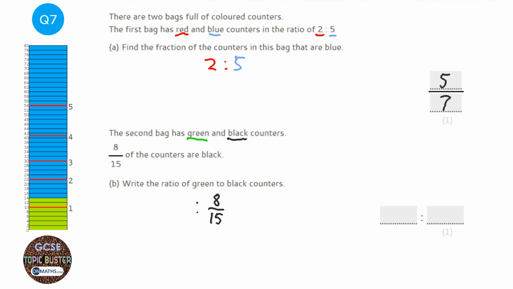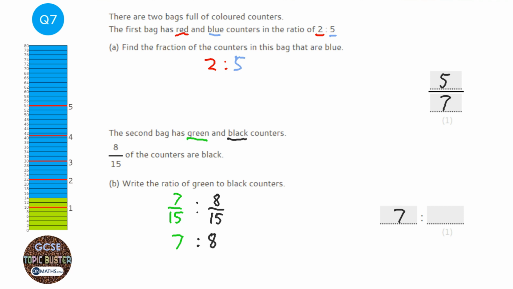Now that means on the left hand side of the ratio, well, there's only green and black counters, so the fraction of green has to be 7 over 15, so that the tops add up to 15. Now you can't leave a ratio as fractions, so we can just write down the numerators, 7 to 8.